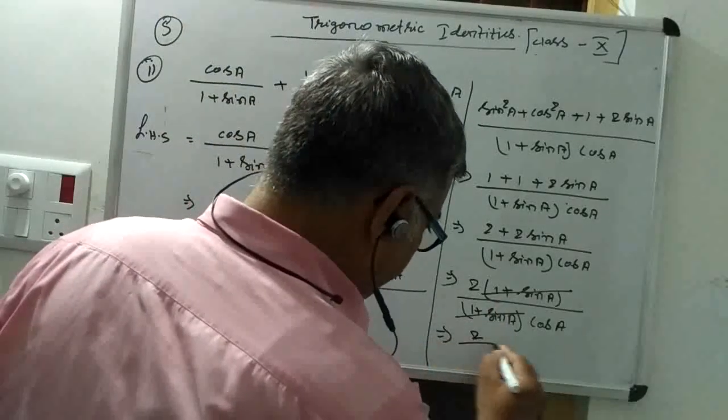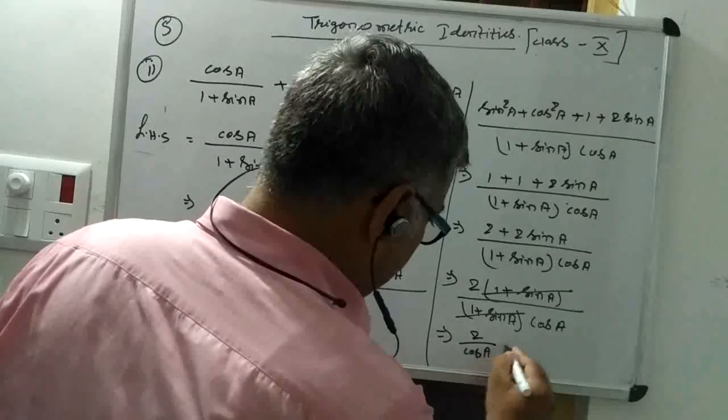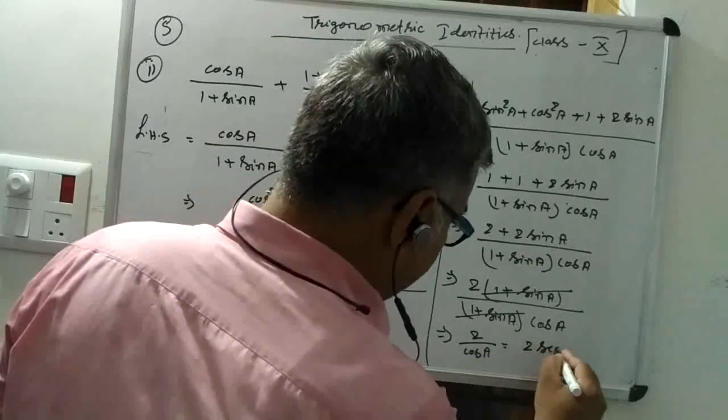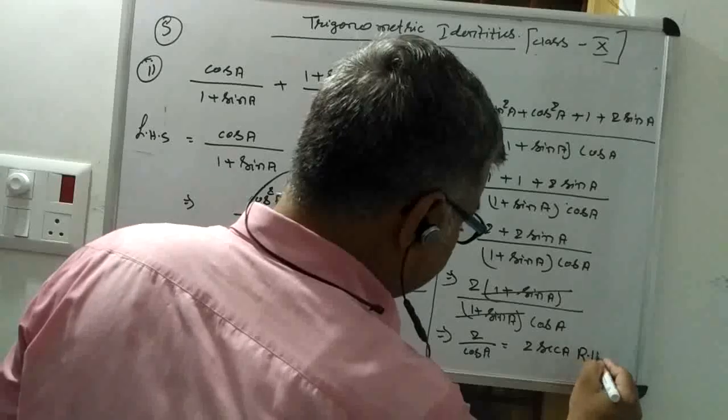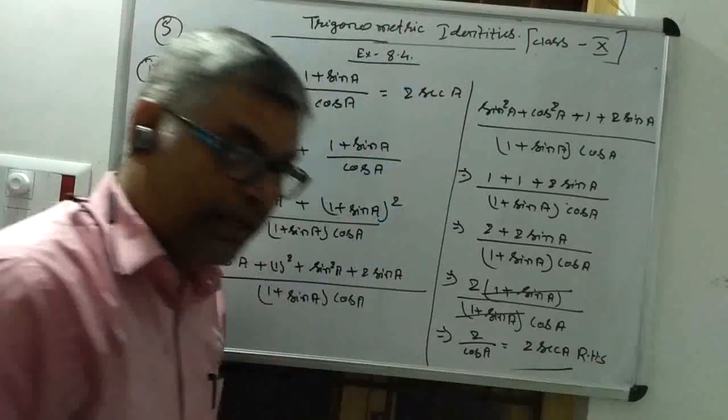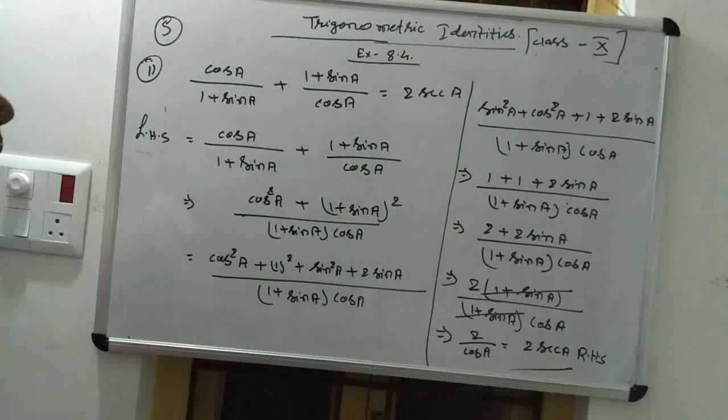So finally we are left with 2 by cos A, which is equal to 2 sec A, which is your RHS part. And in this way, your identity has been proved.